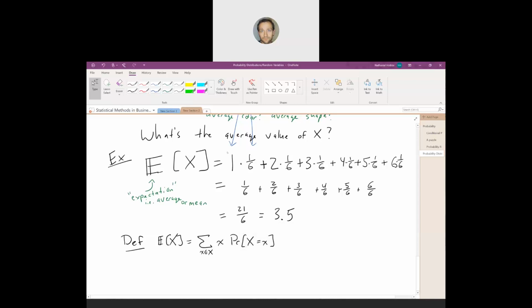Here, the random variable could equal 1, and it equals 1 with a probability of 1/6. Or it could equal 2 with a probability of 1/6, and on and on. So here, the little x's are 1, 2, 3, 4, 5, and 6. And then the probabilities are the same in this case, 1/6 for each of them.